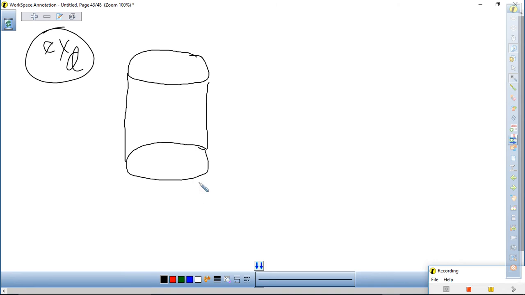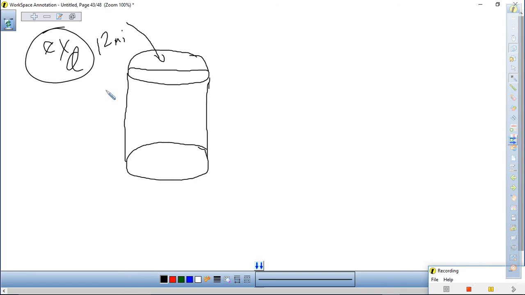Are we there? From there, I'm going to give you the diameter. It goes all the way across. I want you to label this 12 millimeters. And for the height, then it's not milliliters.